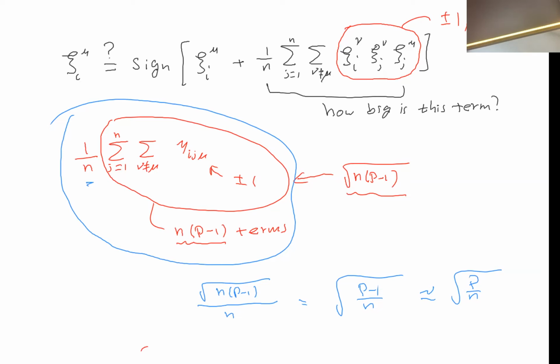So that means we can write squiggle i mu equals sign of squiggle i mu plus some random variable, the square root of p over n times some random variable.